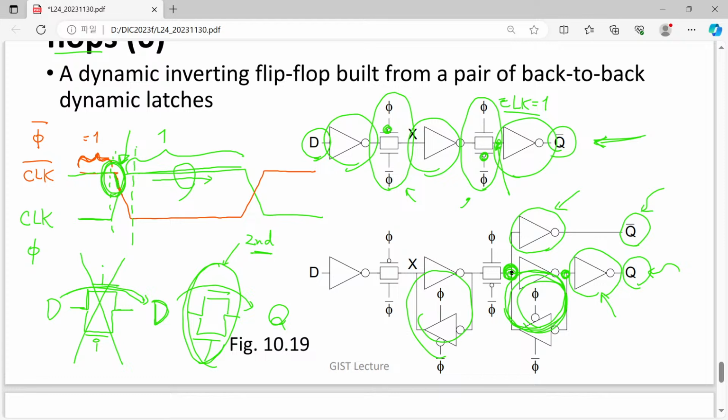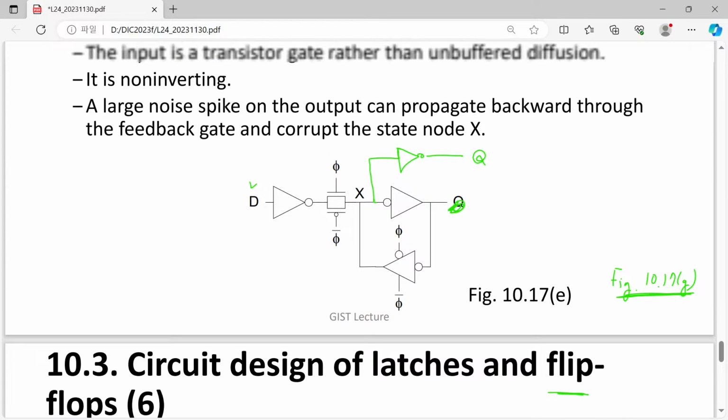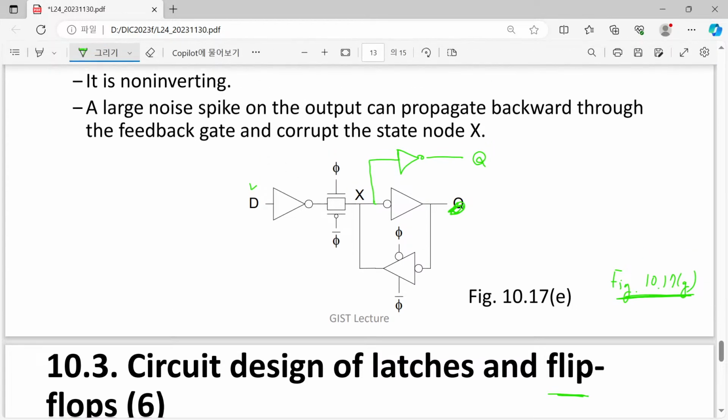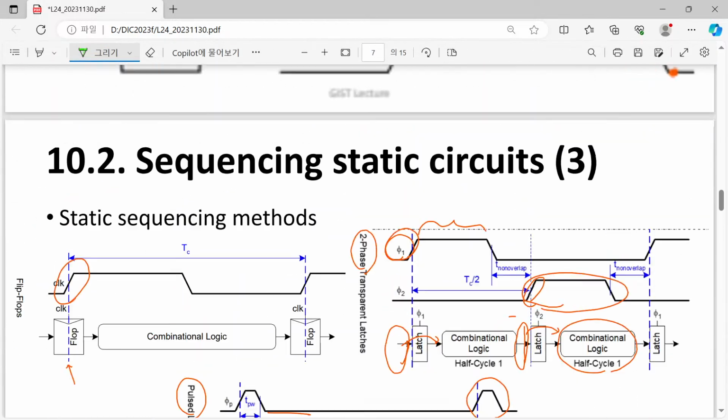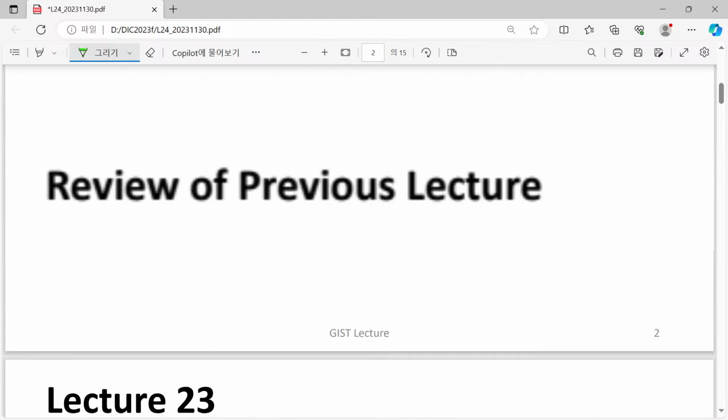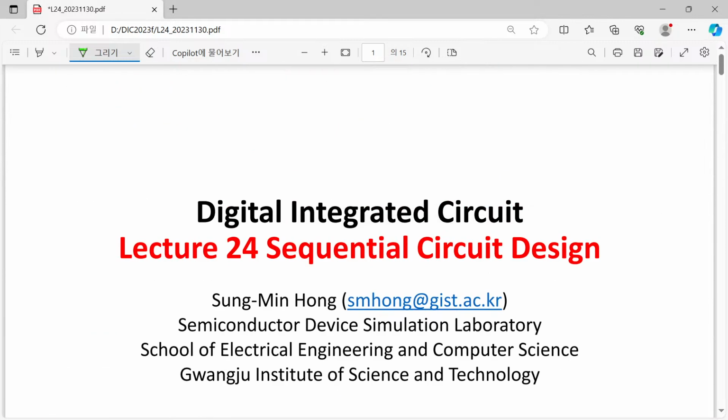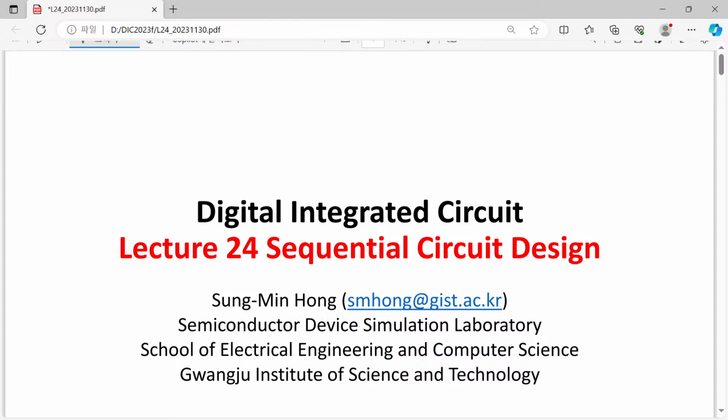So wow, good. Although we have many other topics in this sequential circuit chapter, sorry about that. In this chapter 10, we have a very long discussion, but unfortunately, I will just wrap up today's lecture content, the sequential circuit design, within a short time.